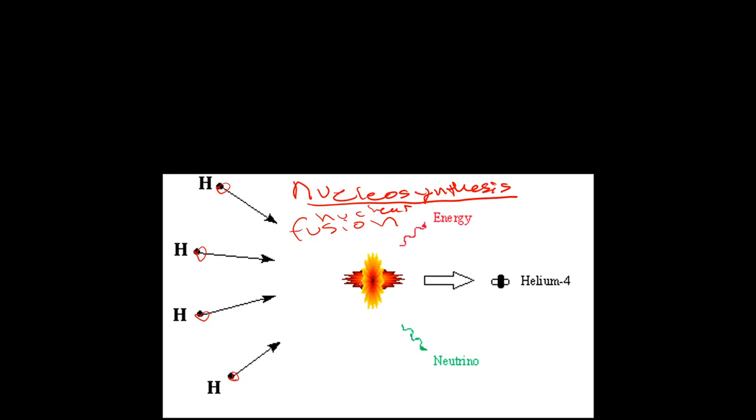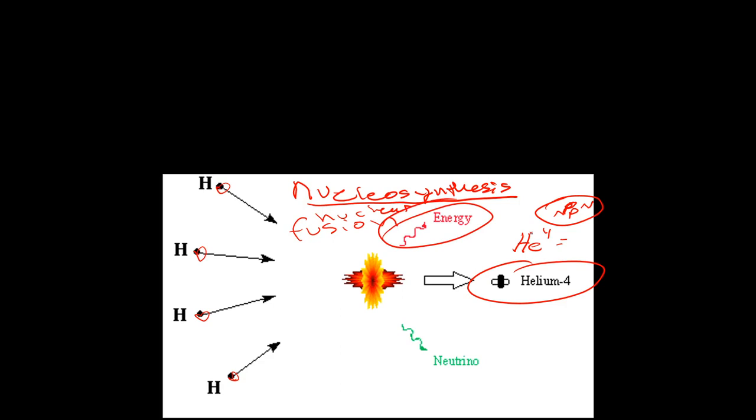If you take 4 hydrogen atoms, you can combine them together to make helium-4. That is a helium, right? Helium-4 is equal to having 2 protons and 2 neutrons in the nucleus. Okay, so you can combine those hydrogen together, and they will release a tremendous amount of energy.